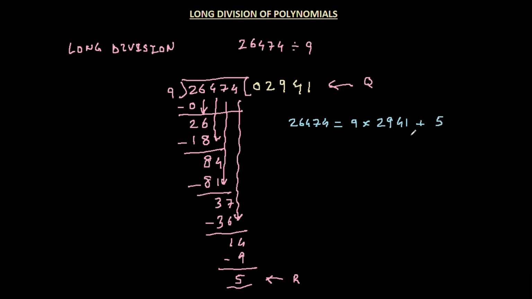So 26,474 was our dividend, 9 is the divisor, quotient is 2941, and 5 is the remainder. So basically it becomes dividend is equal to divisor times the quotient plus the remainder. This in short is called the division algorithm, and the division algorithm works for polynomials as well.